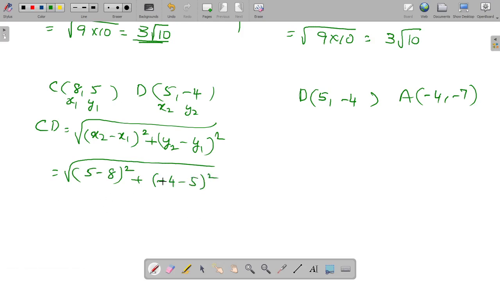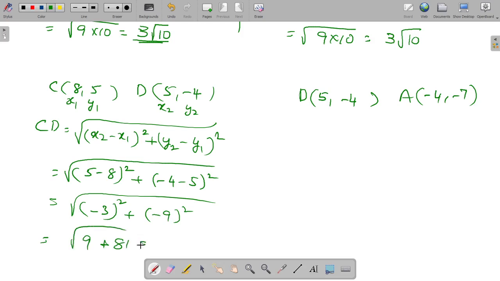That is (-3) whole square plus (-9) whole square. This value is 9, this value is 81. Square root of 90, which I can directly write as 3 root 10 units.